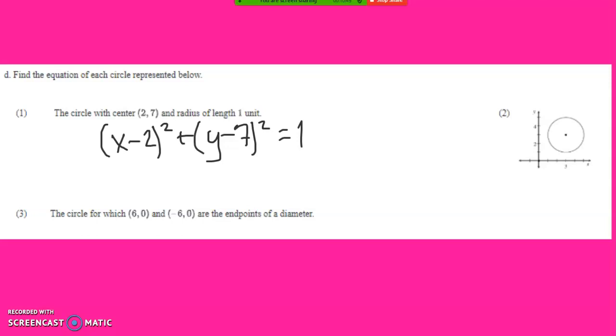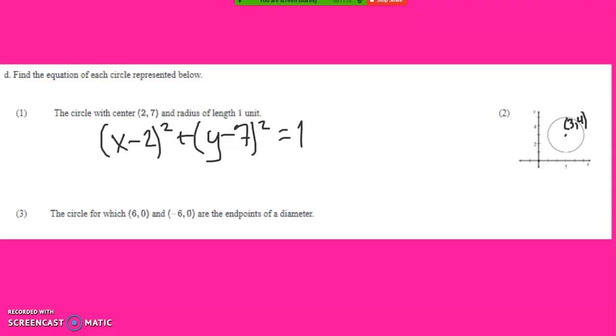Go ahead and give number 2 a try, see what you come up with, come back and unpause the video and check it out. Okay, it looks like the center of this circle, right here, the coordinates for the center are 3, 4.